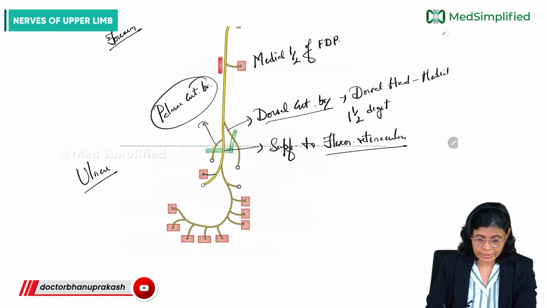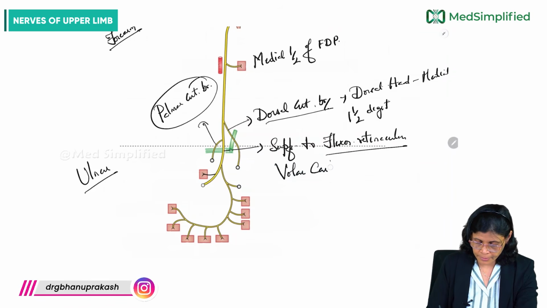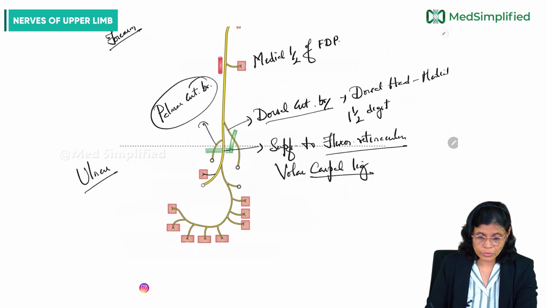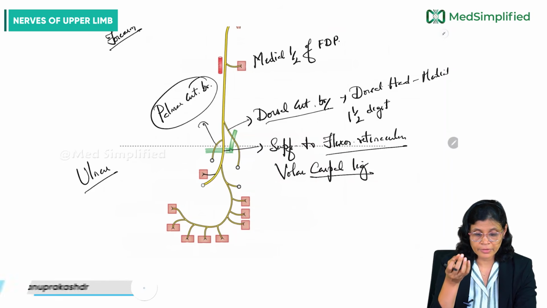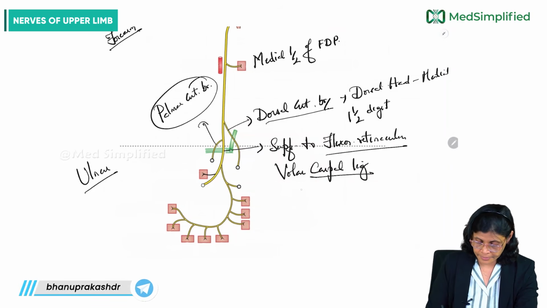It just lies lateral to the pisiform bone there. Here the ulnar nerve is covered by a ligament which we call the volar carpal ligament. The space beneath that we call the ulnar tunnel.